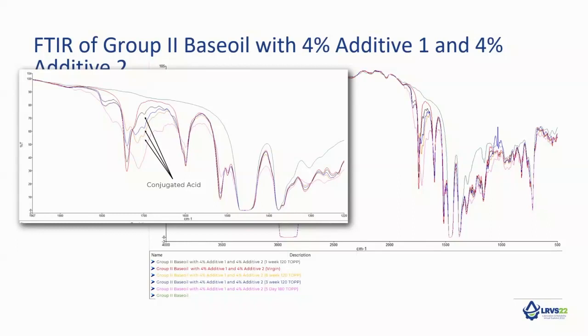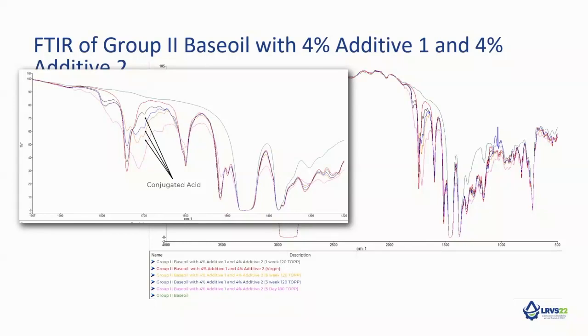This peak is associated with conjugated acids and is only observed in the 1, 3, and 6 week TOPP samples at 120 degrees Celsius. Interestingly enough, after 3 weeks, you start to witness the carbonyl peak at the 1710 region.